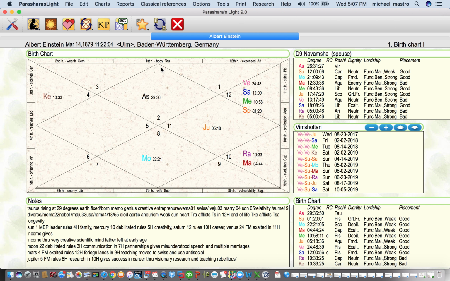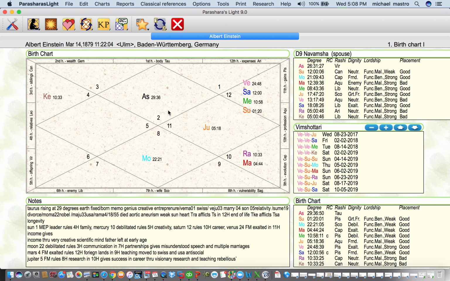So we don't put as much emphasis on the sun sign as we do the ascendant sign. The sun sign changes every 30 days, the moon sign changes every 2.5 days, and the ascendant sign changes every 2.5 hours. So this is a much more accurate reading of someone's chart.